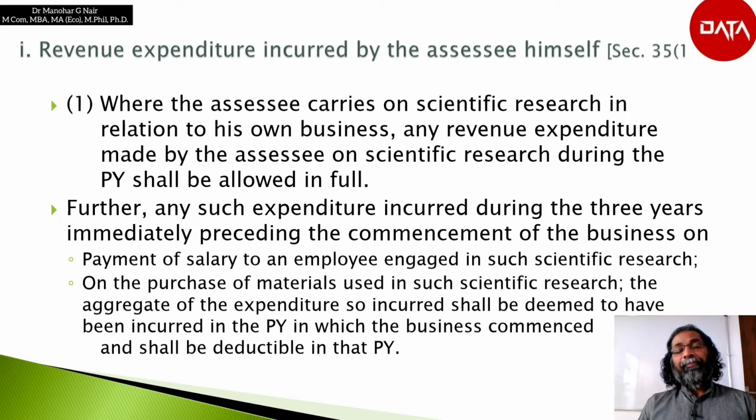But at the same time, even that revenue expenditure incurred in connection with the payment of salary to an employee or for the purchase of materials used for scientific research, even these expenses happen 3 years prior to the commencement of the real business, even that expenses would be considered as the expenditure incurred during the previous year and it can be deducted in the previous year in which the business is commenced.